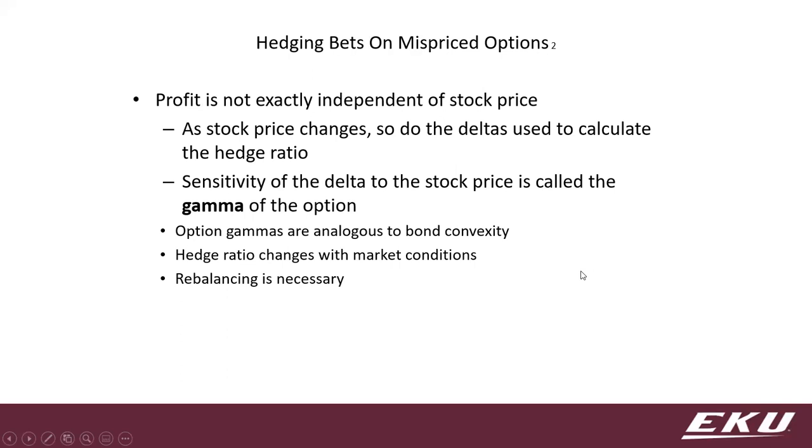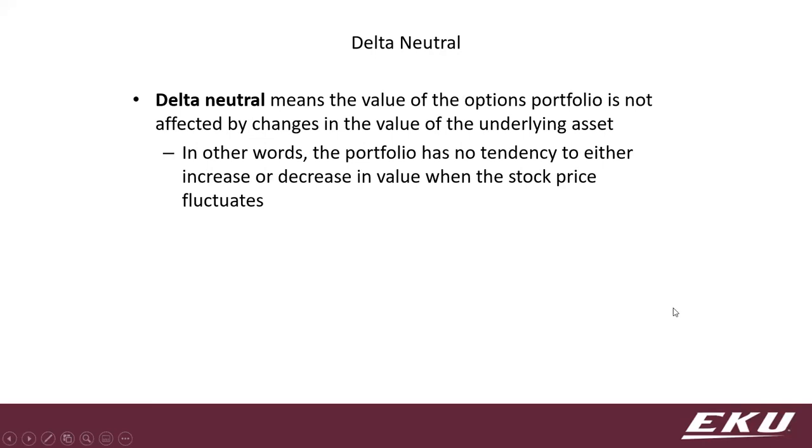So we had duration and convexity when we were looking at our bonds. When we're looking at our options, we have delta and gamma, right? But they play those two types of roles, looking at the slope and then looking at how that slope changes. Okay.